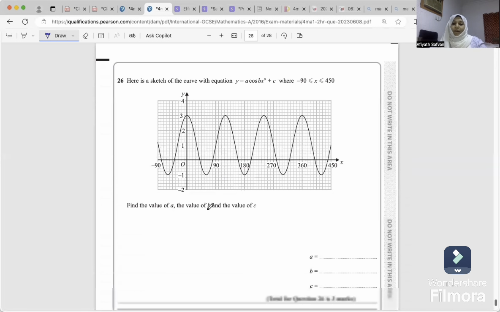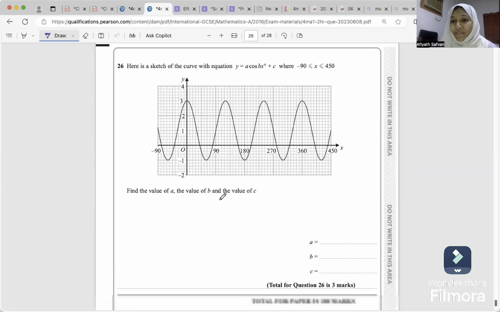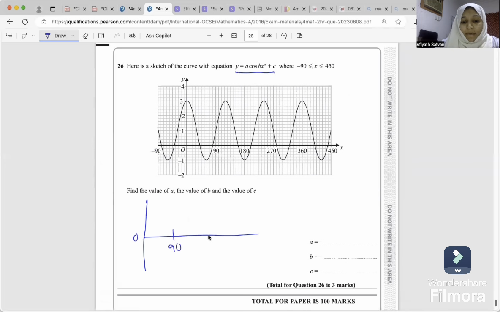So we are into the last problem. We are at the end of the paper. Over here, this is the cosine graph, right? I will compare it with the original cos graph: 0, 90, 180, 270 and 360.